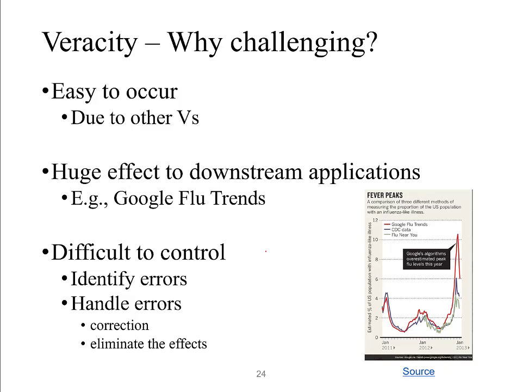Also, the workload is quite heavy. If you try to eliminate the effects, for example, in a machine learning model, then you would need domain knowledge or expertise in the related area. And again, for both of them, how to do it automatically would always be a problem. So that's pretty much for veracity.